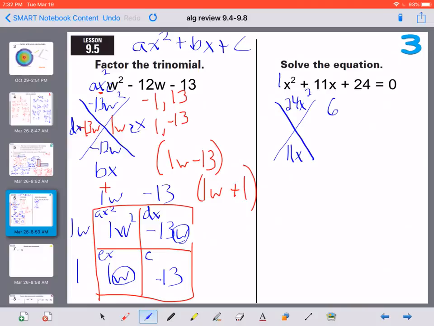I know 6 and 4 would work. I know 8 and 3, 12 and 2, and 1 and 24. Now which ones add up to 11? Well, 8 and 3 do. So I'm going to put 8x and 3x.